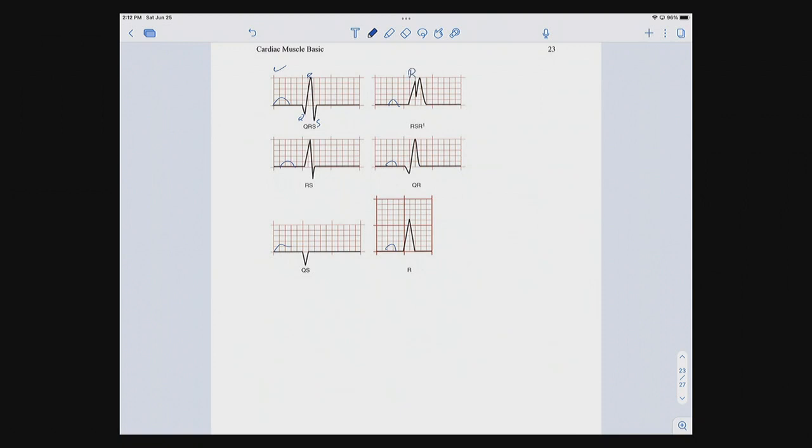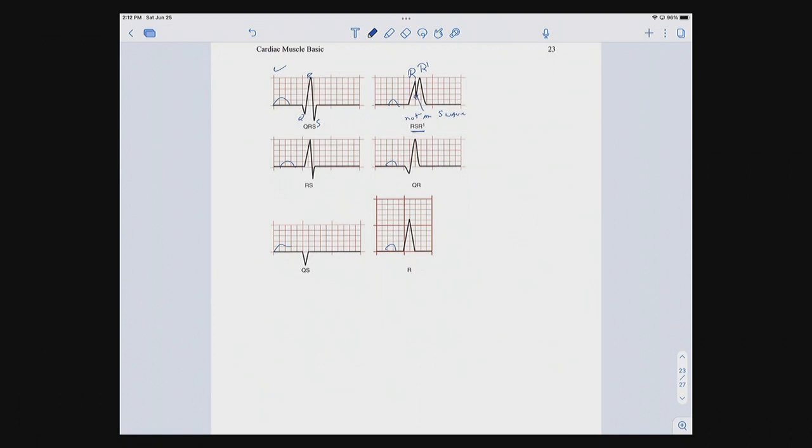And then if you have a second R wave, then we're going to call that an R prime. Now this one gets a little weird in the sense that in literature that is called an RSR prime wave. Technically, it shouldn't be called that because technically that's not an S wave.